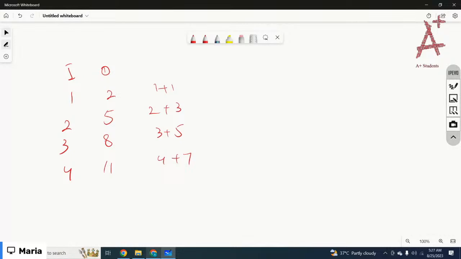Or it is 1 times 3 minus 1, 2 times 3 minus 1, 6 minus 1, 5, 3 times 3 minus 1, 9 minus 1, 8, 3 times 4 minus 1, right?